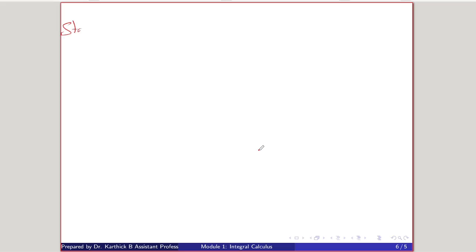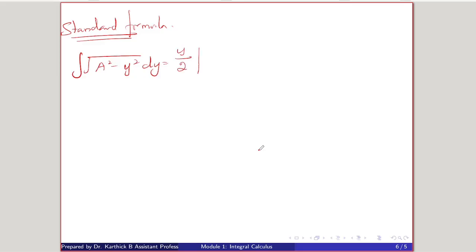we have some standard formula that integral of square root of a square minus y square dy will be equal to y by 2 square root of a square minus y square plus a square by 2 sine inverse of y by a plus c.